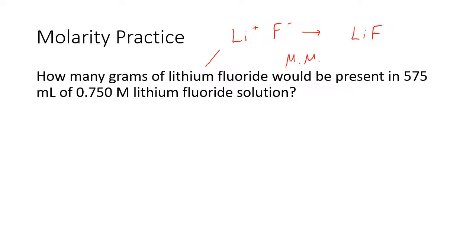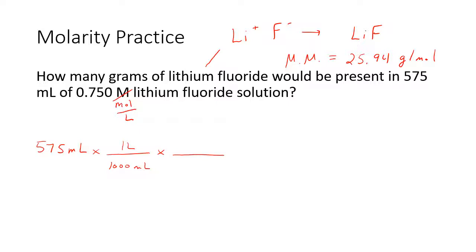Our molar mass of lithium fluoride is equal to 25.94 grams per mole. Cross off our big M, write moles per liter, and we're going to start with our volume. 575 milliliters. We're going to convert our milliliters to liters. 1,000 milliliters in 1 liter.